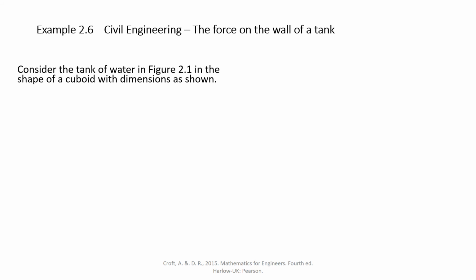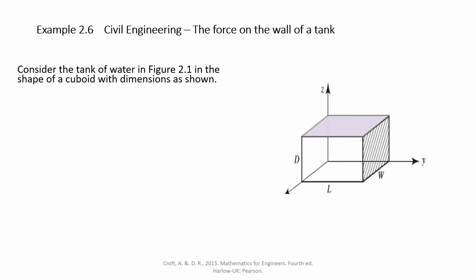Again, civil engineering: the force on the wall of a tank. This is the tank. Okay, so the total height of the tank from here to here is d, and this is a cuboid.